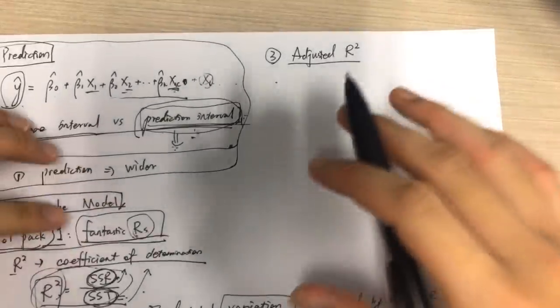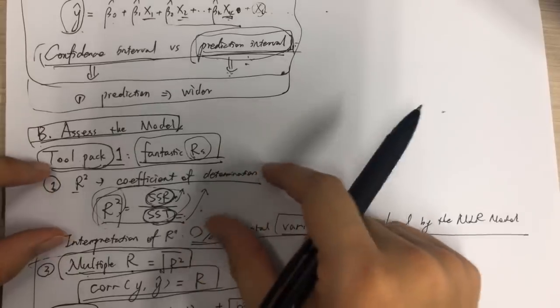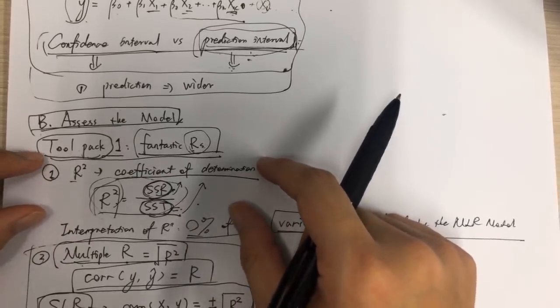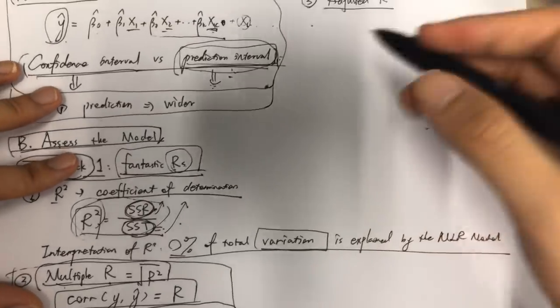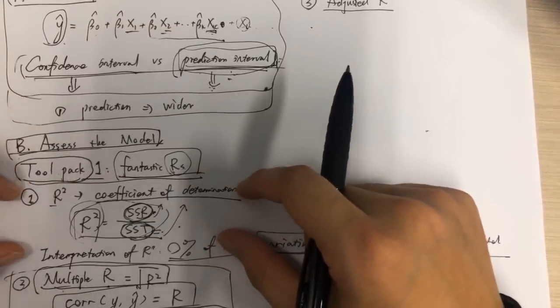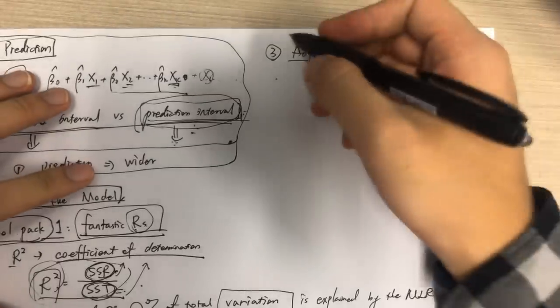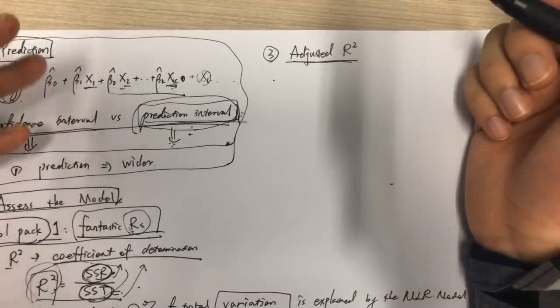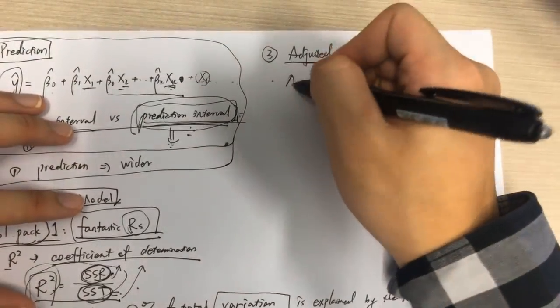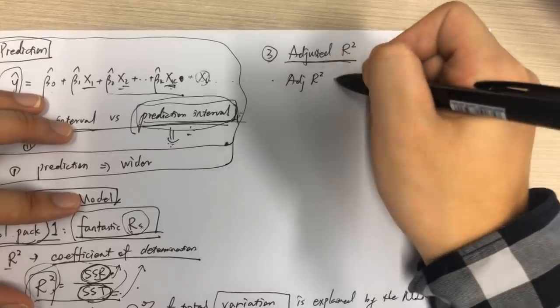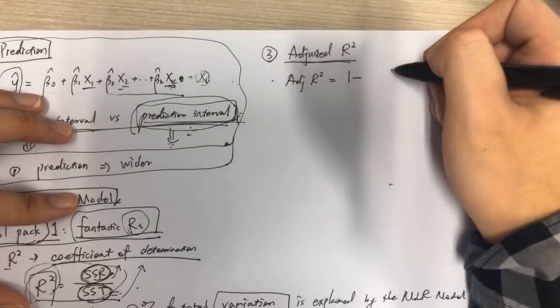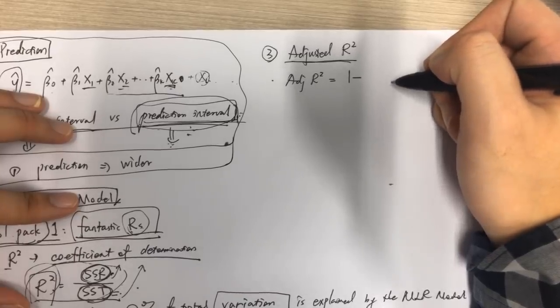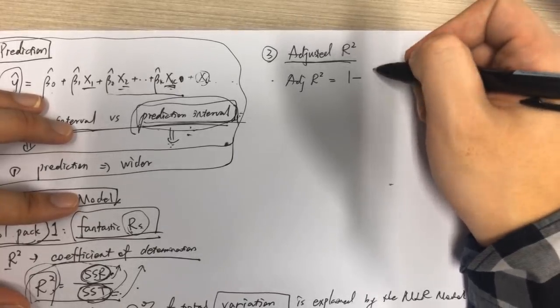Therefore, to avoid this kind of mistake, right? So we tend to calculate adjusted R square, and this adjusted R square is adjusted by the sample size as well as the number of independent variables.